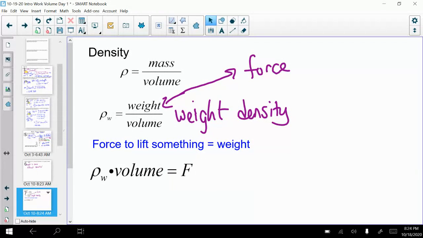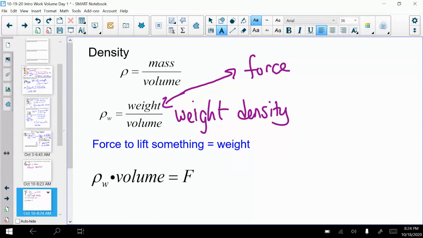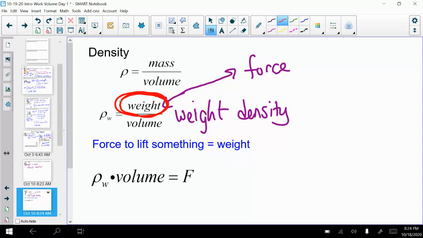And so what we do to find our force is we take our density times our volume, because I told you that weight is force, right? So basically what I'm saying is we're turning weight into force, okay?